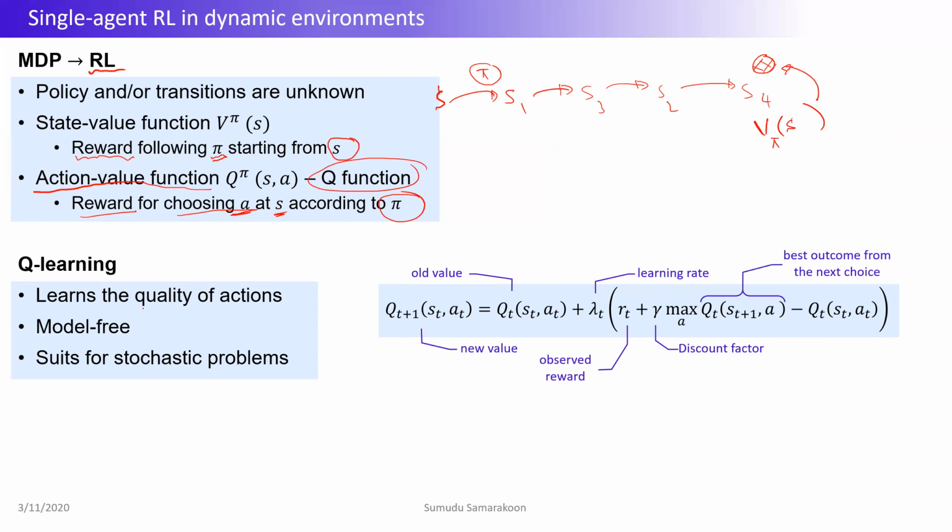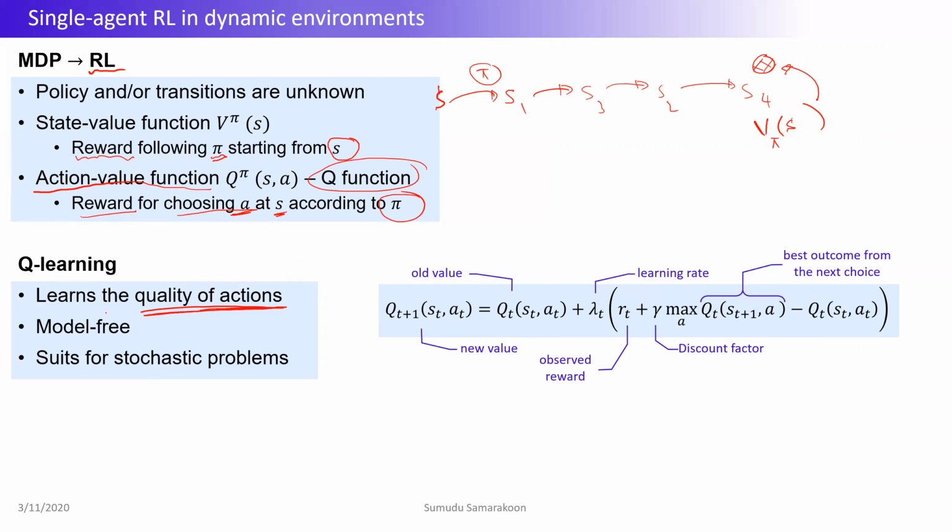In Q learning, what agents try to do is learn the quality of certain actions. The Q value for a given state and action gives the quality of the choice of this action, how beneficial this action is in order to improve the expected reward.